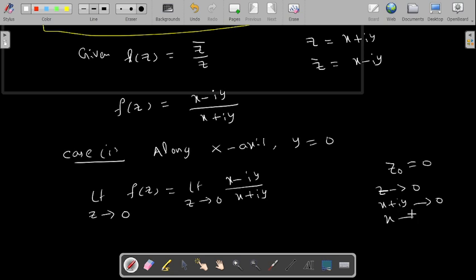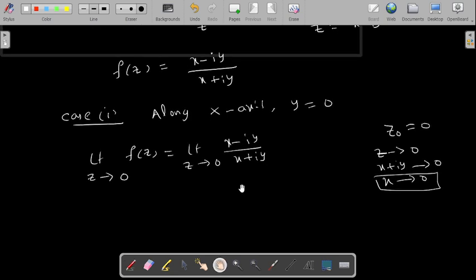Y is 0, therefore x tends to 0. That is nothing but limit x tends to 0, where the y value will be 0, that means x by x gets cancelled. So limit x tends to 0 of 1, this value will be 1. So along the x-axis we got answer 1.